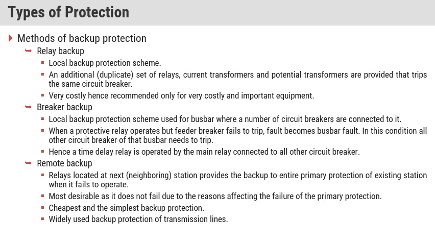It is most desirable as it does not fail due to the reasons affecting the failure of primary protection. It is the cheapest and simplest backup protection, widely used for transmission lines. So these are some methods to provide backup protection.